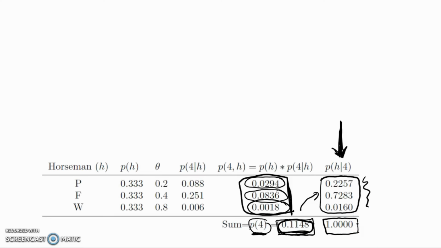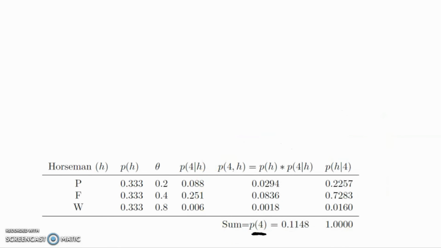Something else that's happening is that if we were to think about the proportions here, they're exactly the same as the proportions here, because we get from here to here by dividing by a constant.